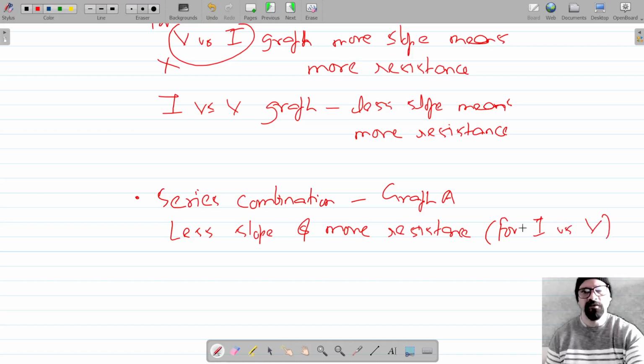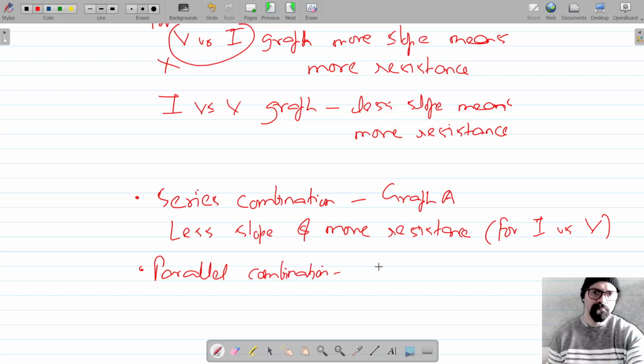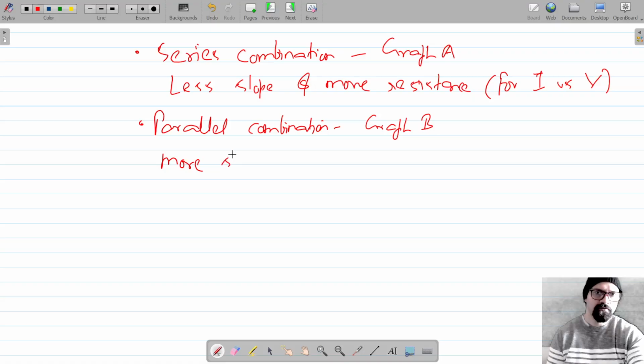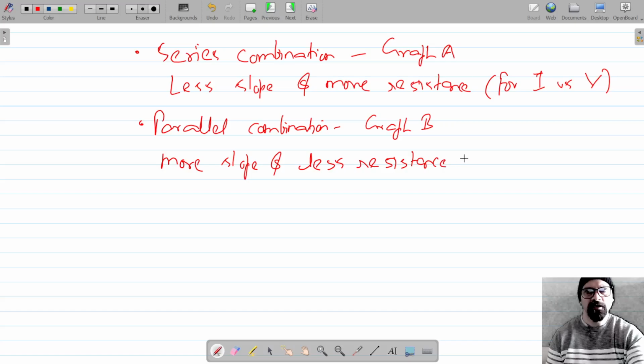The parallel combination is graph B, because it has more slope, which means less resistance, for the I versus V graph.